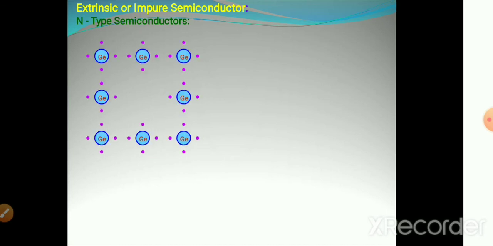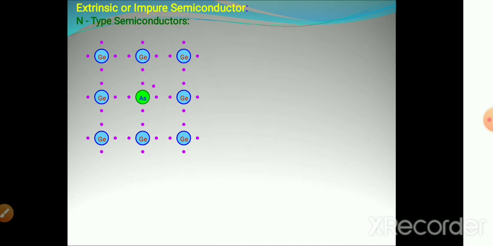Now extrinsic or impure semiconductors are of two types, depending on the type of dopant atom. Here this germanium crystal is doped using a pentavalent arsenic atom.